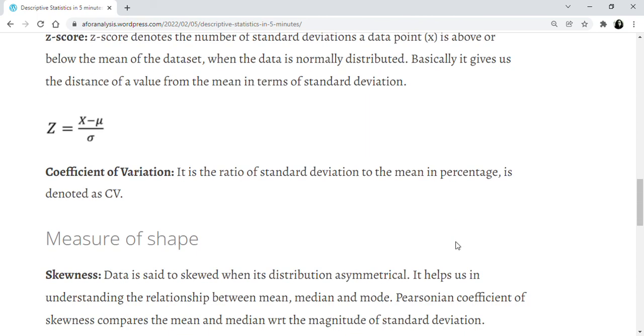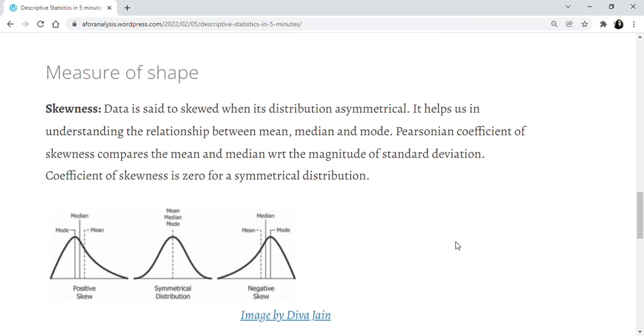Next we have measures of shape. We have skewness, and skewness helps us understand the relationship between the mean, median, and mode of a distribution. A data set is called skewed when its distribution is asymmetrical. When our distribution is symmetrical, we don't have any skewness.